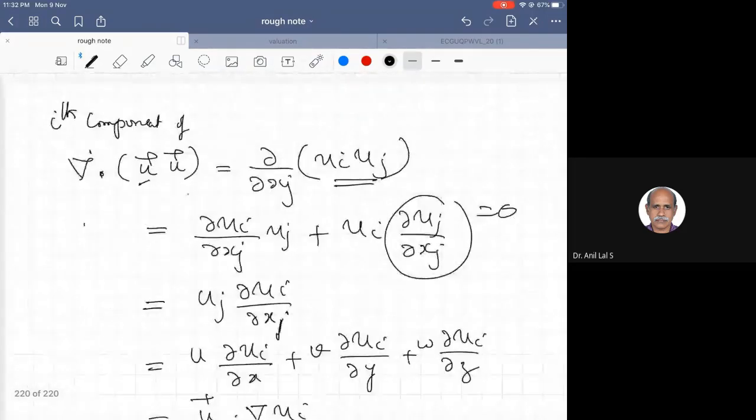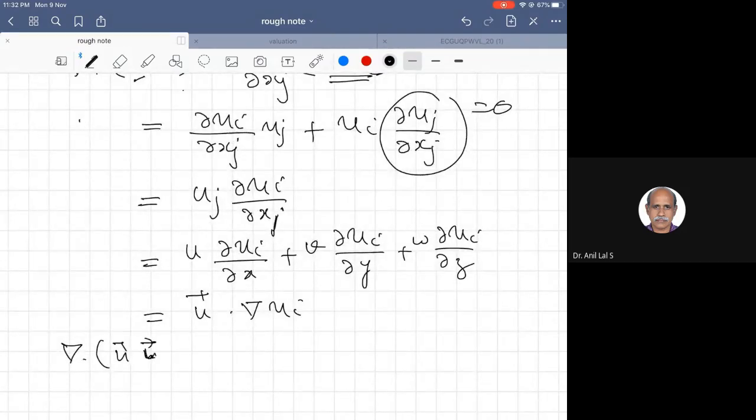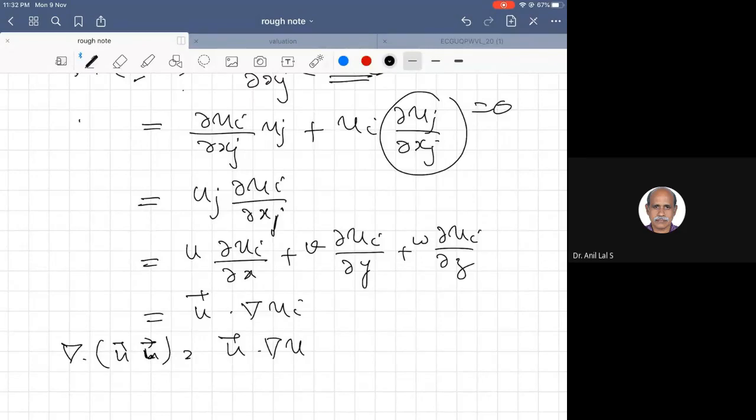So for the total vector, del dot u u will be u dot del of u1, which is u into ui, plus u dot del of u2, which is v, the unit vector j, plus u dot del of w, k.